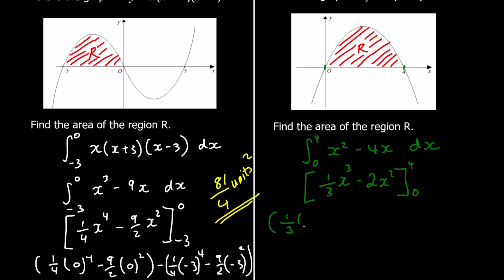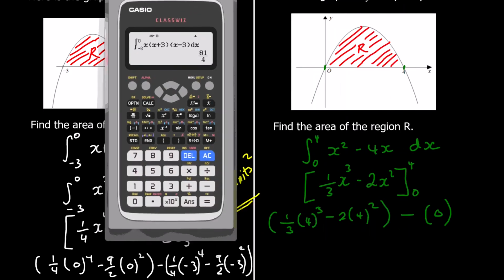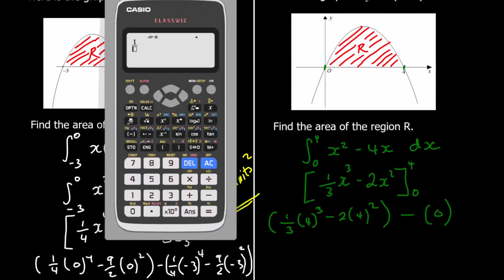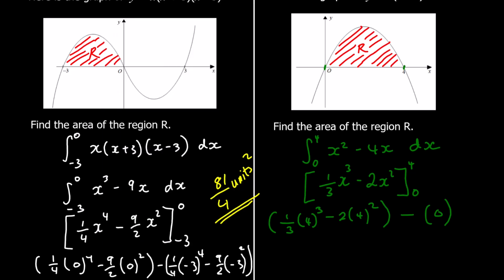So 1/3 times 4 cubed minus 2 times 4 squared. And then it's going to be take away, the second bracket will be 0. So we've got 1/3 times 4 cubed minus 2 times 4 squared. So we've got a negative answer here, 32 over 3.